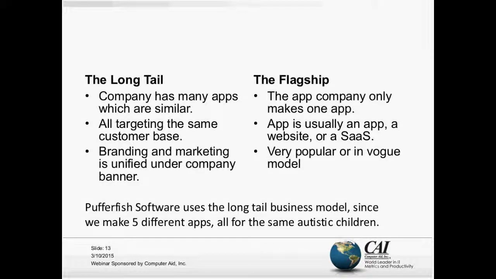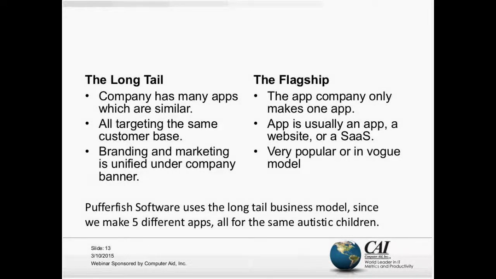And there's the flagship model, and this is what you hear a lot about for big name apps. Like Facebook only makes the Facebook app, Snapchat only makes the Snapchat app, so on and so forth. It's usually more than just the app. It's a website and a whole system. Really, it's a very popular model because if you focus all of your energy on one app, it's more likely to get big, and then when it does get big, you can handle it a lot better.